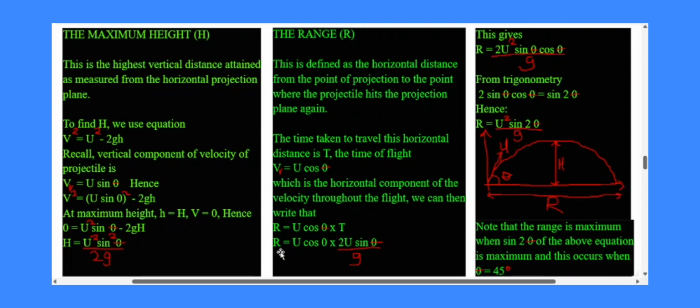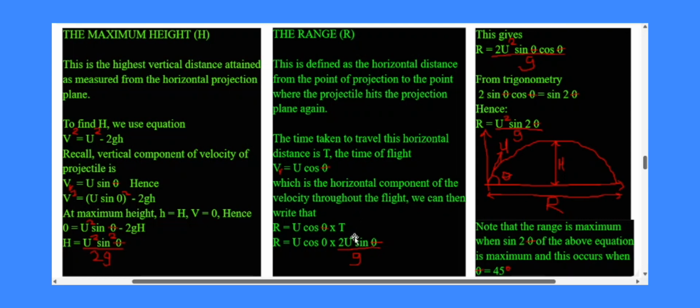So R is equal to u cos theta times 2u sine theta, all divided by g. I hope you remember where we got this from. We have derived an equation before now in terms of our time of flight, capital T.